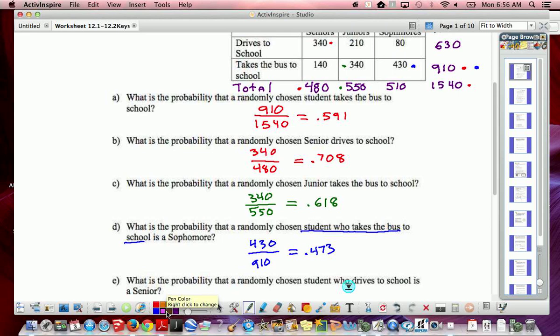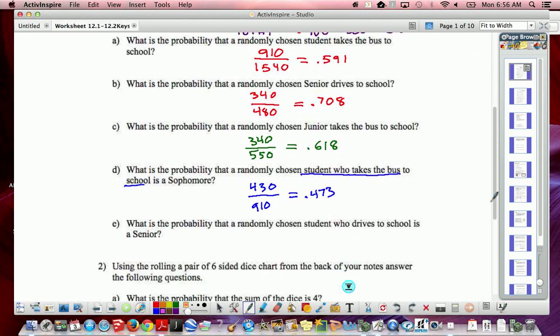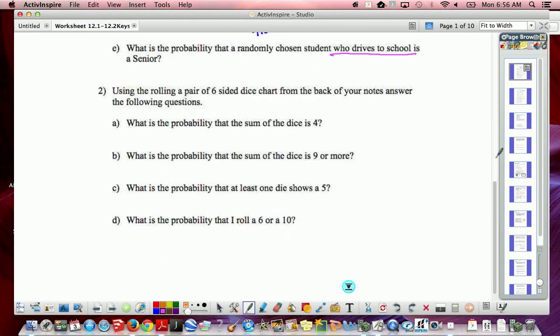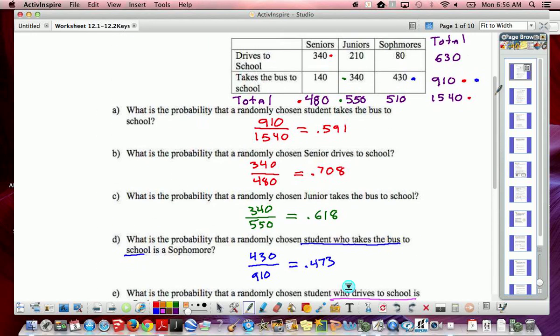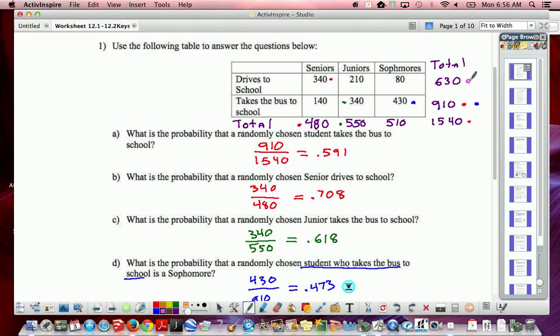All right, the last one on this problem says, what is the probability that a randomly chosen student who drives to school is a senior? So now we want to take a look at all the students who drive to school. So our total there is 630.